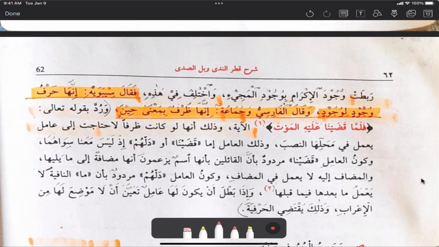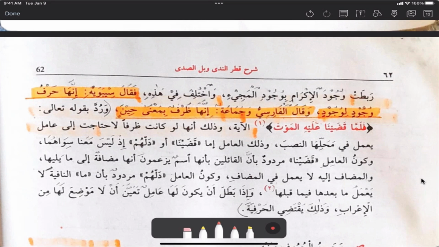Indeed, it is a pocket of time. It's not a connecting particle. It's a pocket of time. It means when, حين, or time.